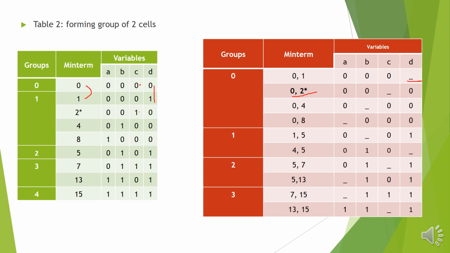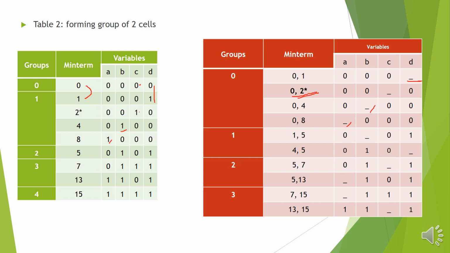Make sure it's appended with a dash to show which variable is varied. Then 0 with 4 is also possible, only B is varied. Then 0 with 8 is also possible, only A is varied, right? So one comparison is over.